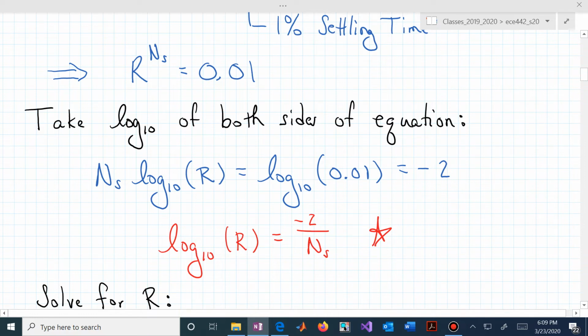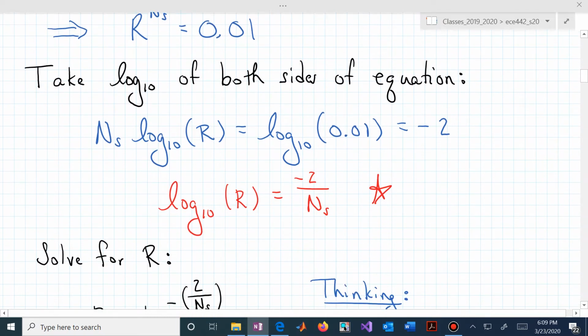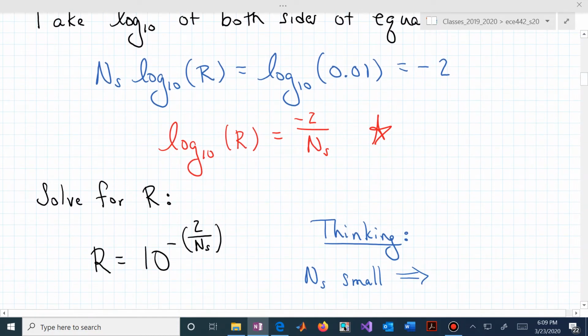N sub s is the number of sample periods to take us to 1% of where we started. If we solve that for r, or we take the antilog of both sides, we now know r is equal to 10 raised to the exponent minus 2 over n sub s.